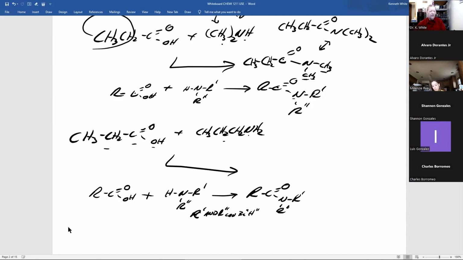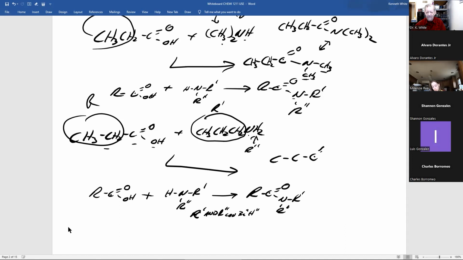An amide. What's R? This. One of these I can call this R prime or R double prime. And one of the hydrogens, if that's R prime, is R double prime. So the R group is attached to this carbonyl. And then I'll have this nitrogen. And one of the R groups, doesn't matter if it's going this way or that way, your choice.